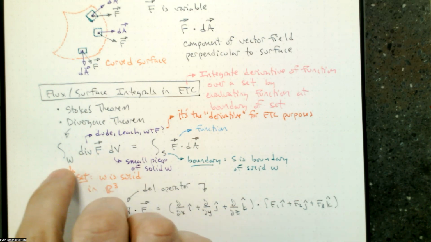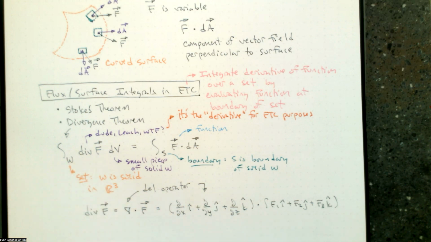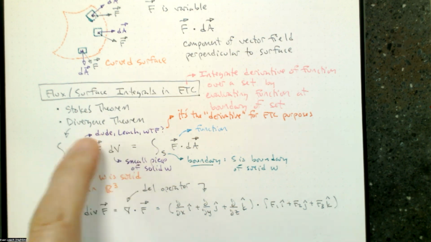And this is at all the points on some solid. So imagine at all the points in this room, we're looking at the vector field of, let's say, airflow through this room. And at all the points, the air is moving away, moving towards. We can calculate that total.